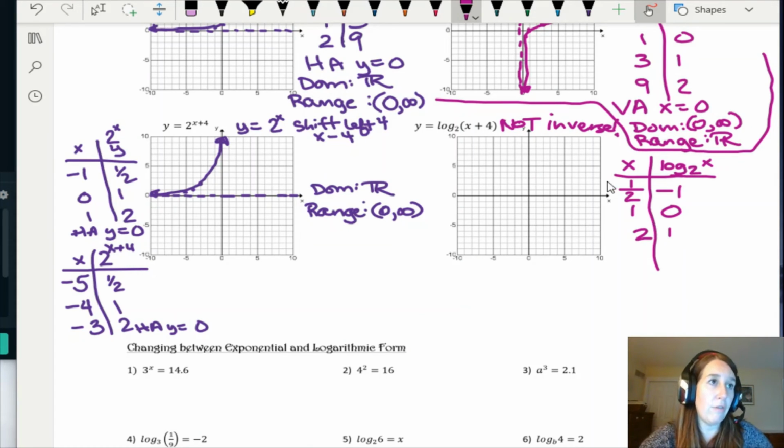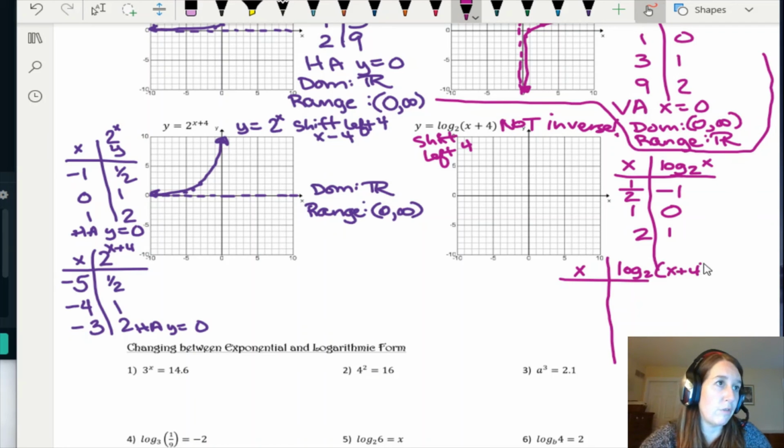And that now for my transformation, it's x plus 4. So this is a shift left 4, just like on this one. So let's take a new table. So this is x, and this is log base 2 of x plus 4. So since it's a shift left 4, we're going to do x minus 4 for every x value, okay?